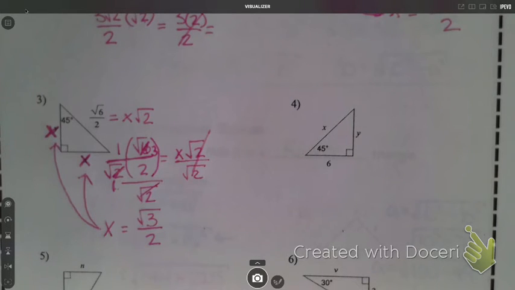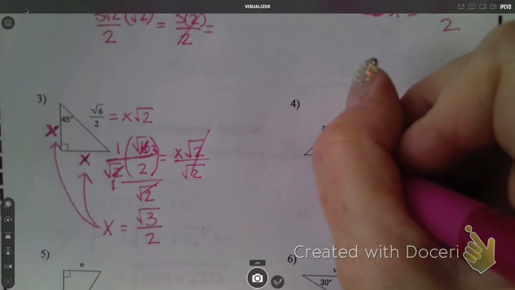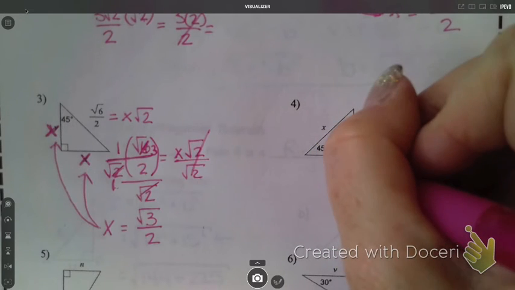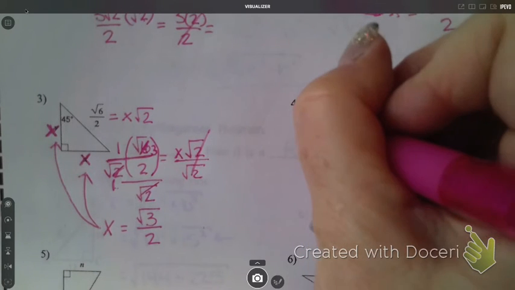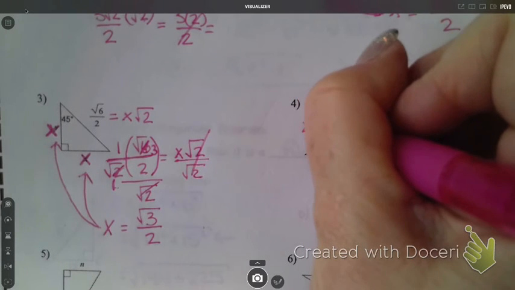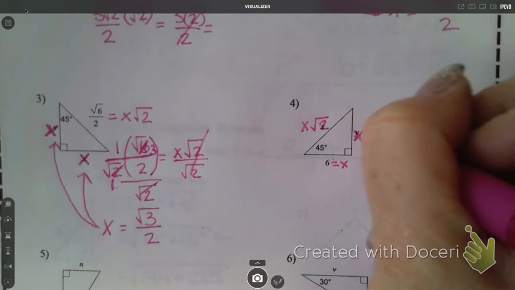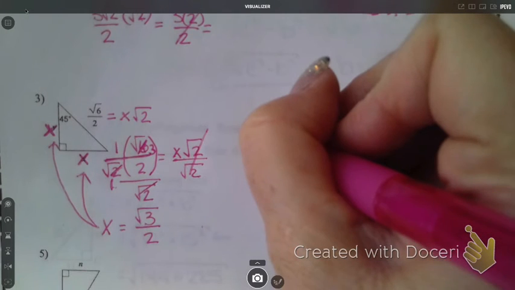Alright, this is easy. I'm just kidding. That's 6 and that's 6, and you take 6 square root of 2. Yeah, this is the easiest one in the whole thing. X equals. Is that correct? I don't even know if you have to reduce that.